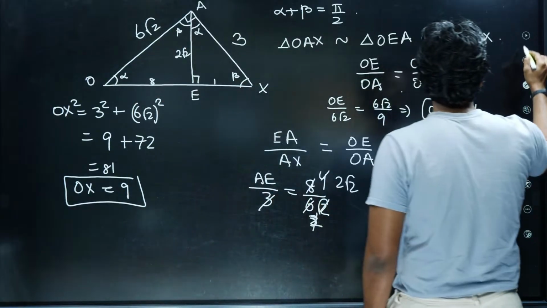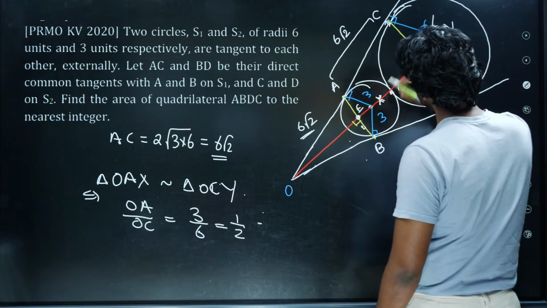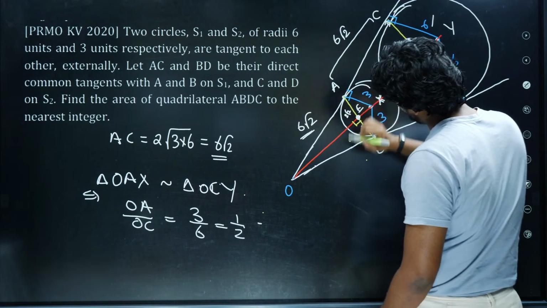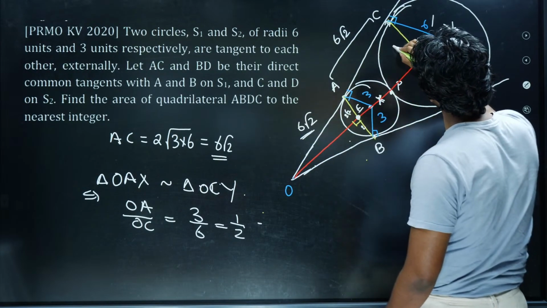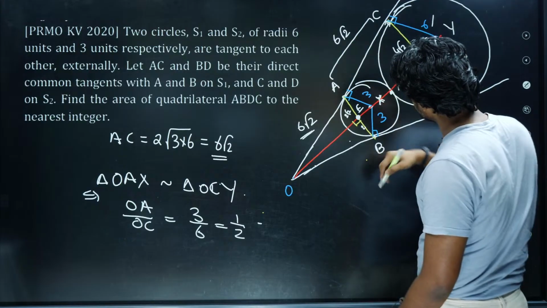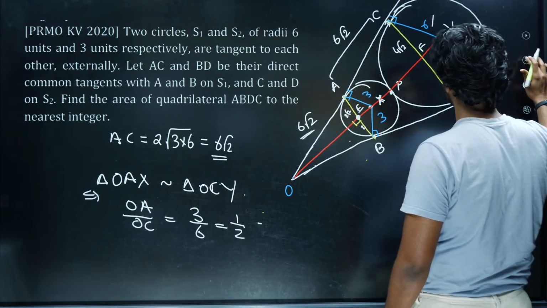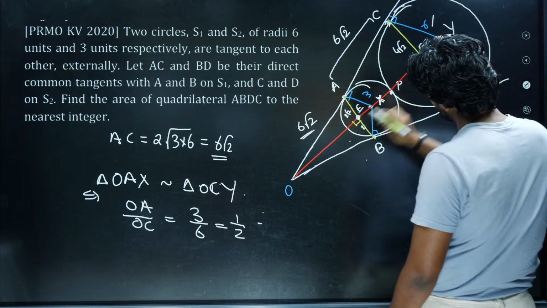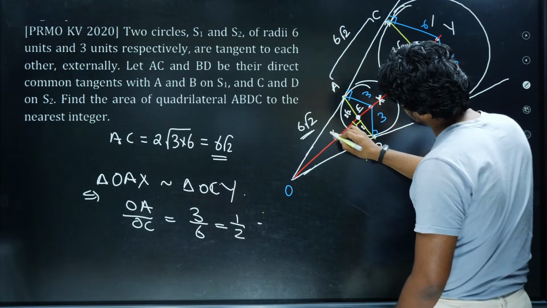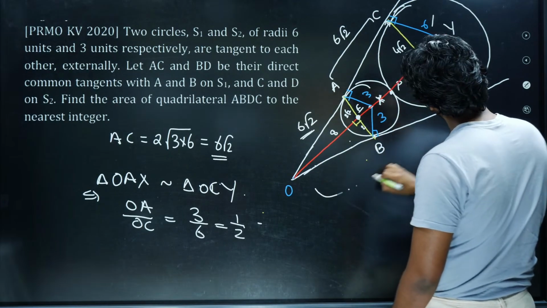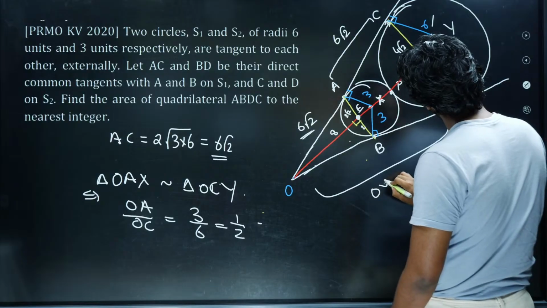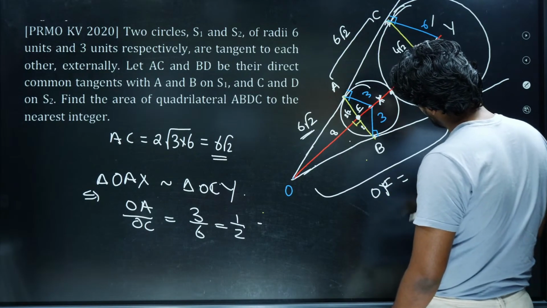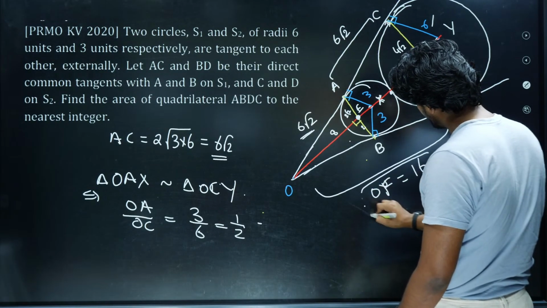So in my diagram, this length is 2 root 2, and because of this similarity, this will be 4 root 2. And if that is 2 root 2, this is 4 root 2, and I also found OE, which was 8, which means OF would be 16.